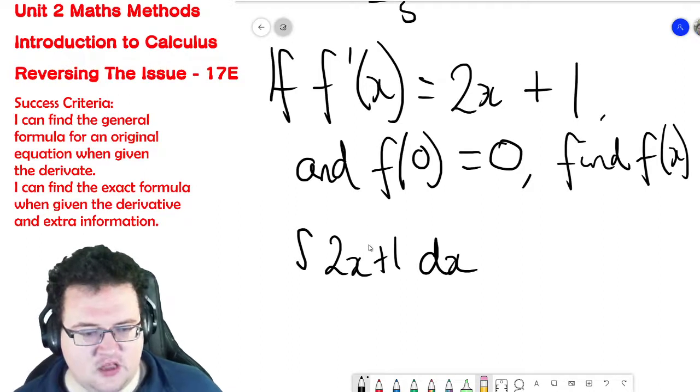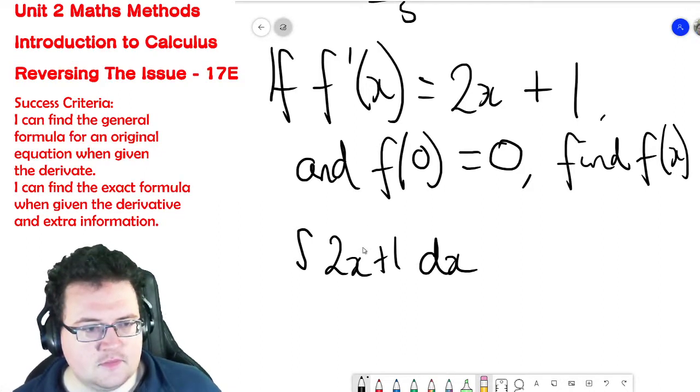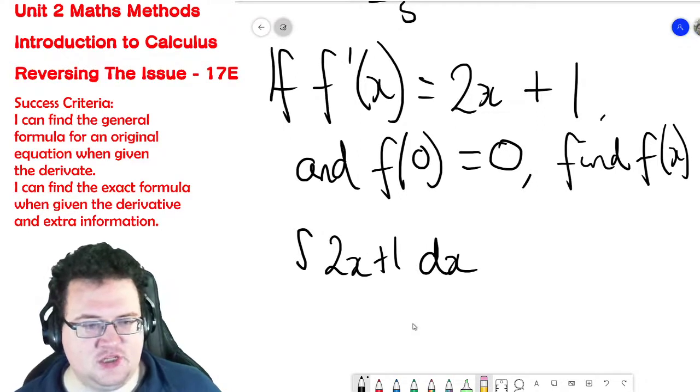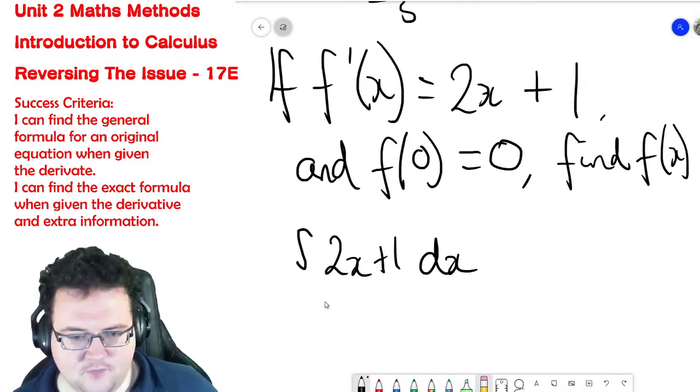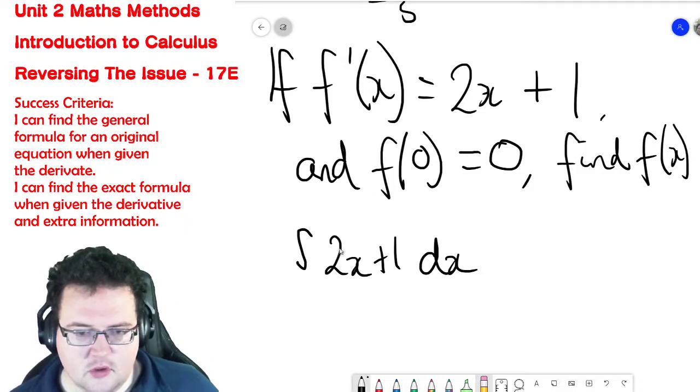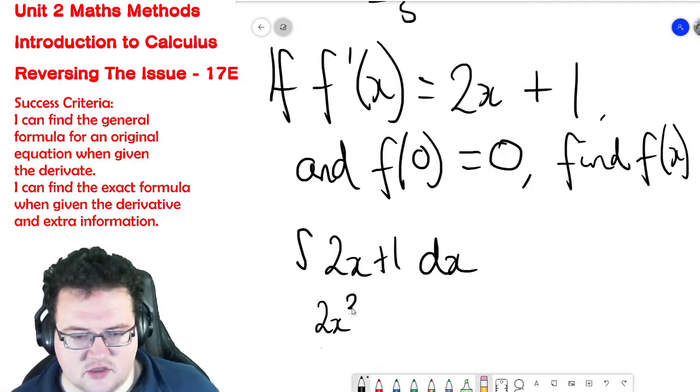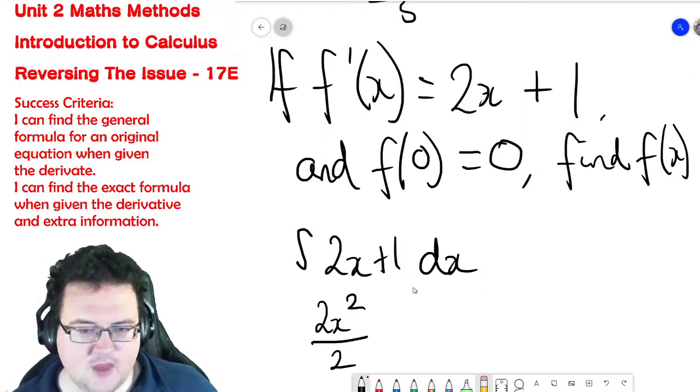So this is x to the 1. I need to make that x to the 2 and then divide by 2. So 2x to the 2 divided by 2.